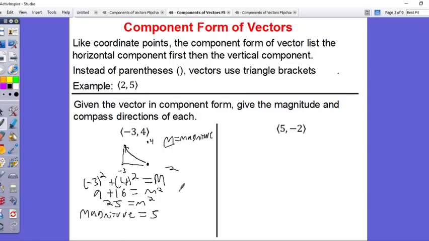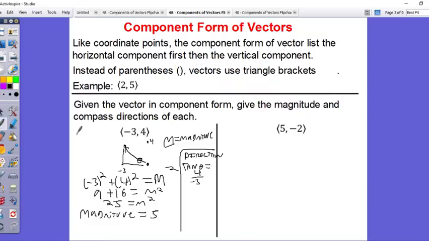And then your direction, you have to find theta. The tangent of theta is going to be equal to 4 over -3.